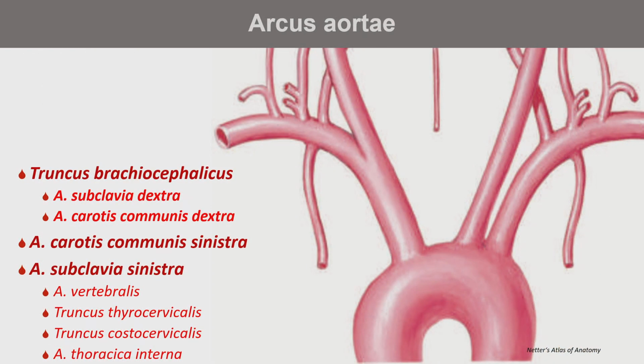So now we turn back to the aortic arch. One of the most important things is to know how the brain and head are supplied by the blood. Important is that we have on the aortic arch typically three main arteries arising from it. But we have some variations.